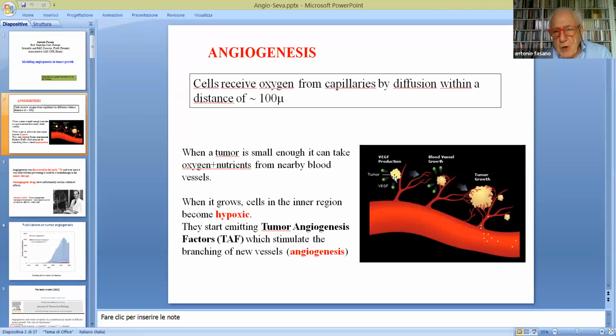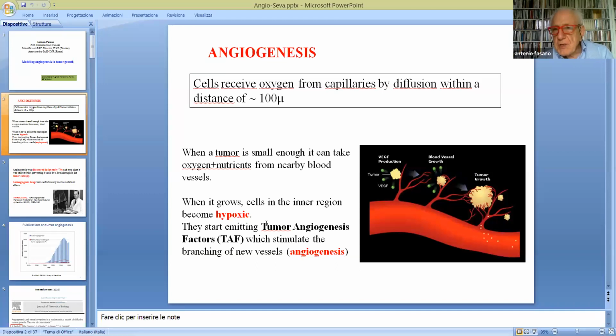But when it grows, at the center of the tumor oxygen becomes insufficient, so this inner region becomes hypoxic, and so in this situation the tumor should die.